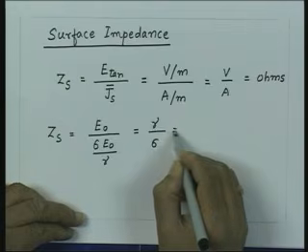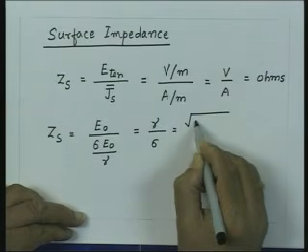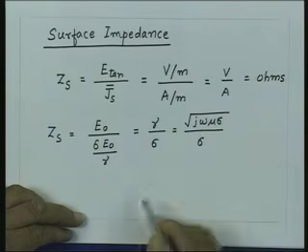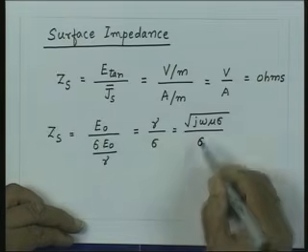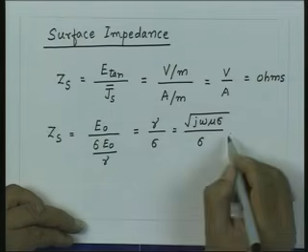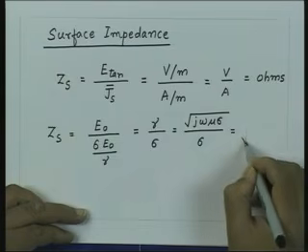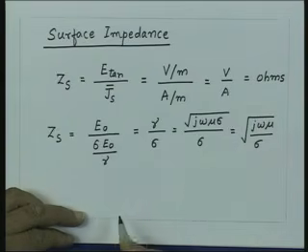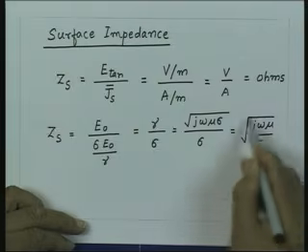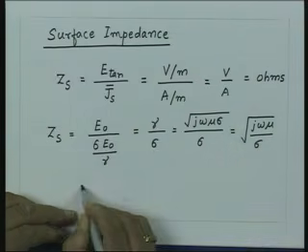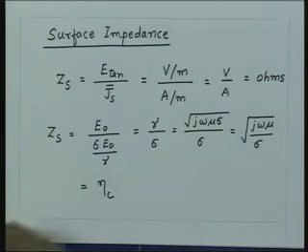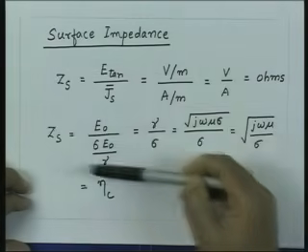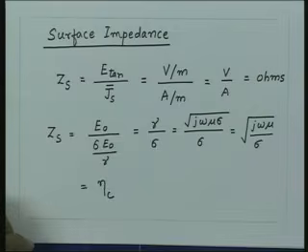If I substitute for gamma, which is square root of j omega mu sigma, upon sigma, I can take this sigma inside the square root sign. So that will be equal to square root of j omega mu upon sigma, and this quantity is nothing but the intrinsic impedance of the conductor. So this quantity is eta c. So for a good conductor, the intrinsic impedance of the medium is the same as the surface impedance.